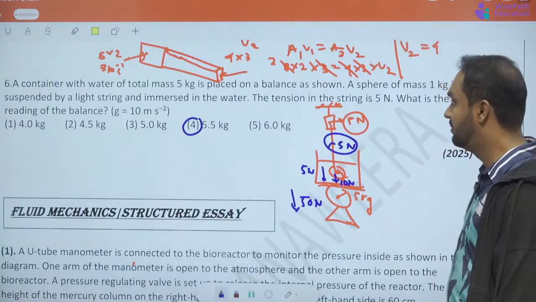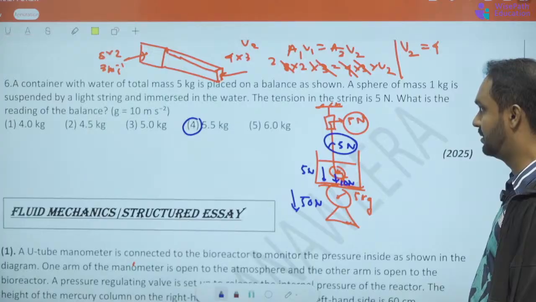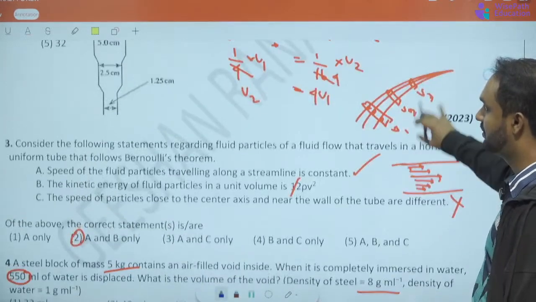And now shall we come to the electricity part, right? We'll come to the electricity part. That's electricity.